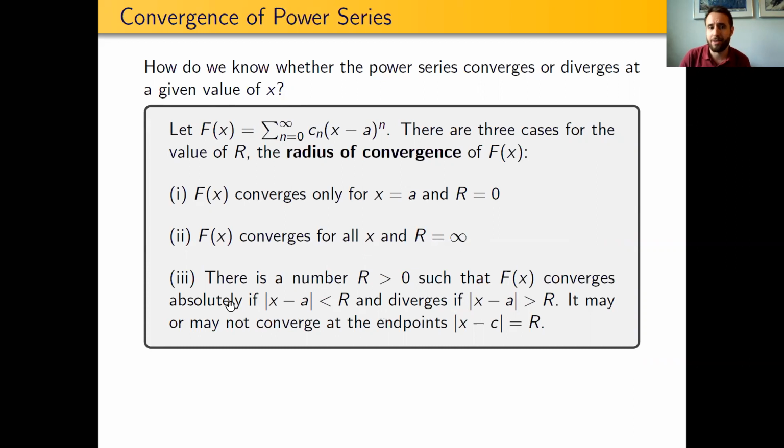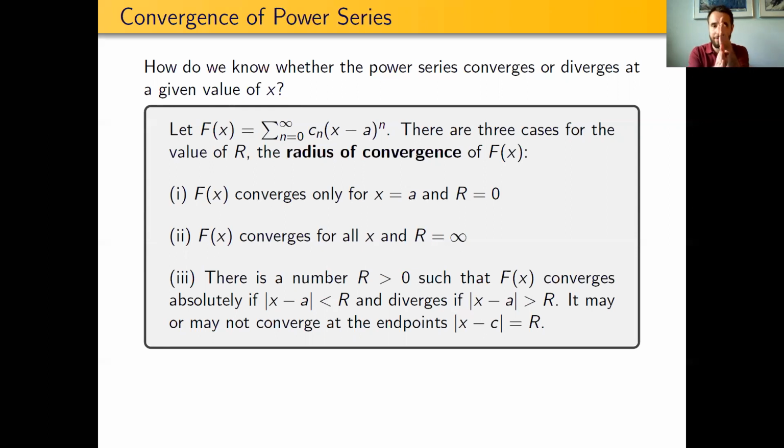The third case, and maybe most interesting case, is what happens when our radius of convergence is some positive r value that is less than infinity. Right? So the third case says that there is some number r such that f of x converges absolutely if we are within a distance r of the center point a, and diverges if we're at a distance greater than r, and then it may or may not converge at the endpoints.